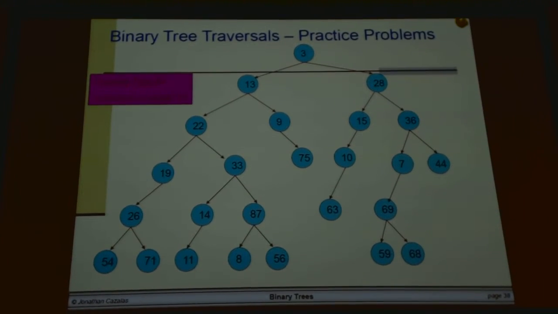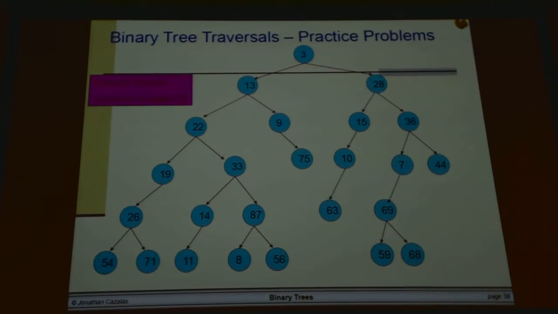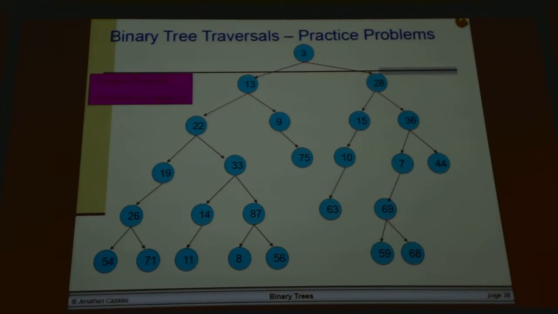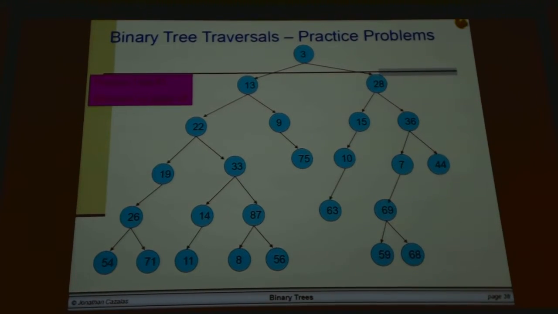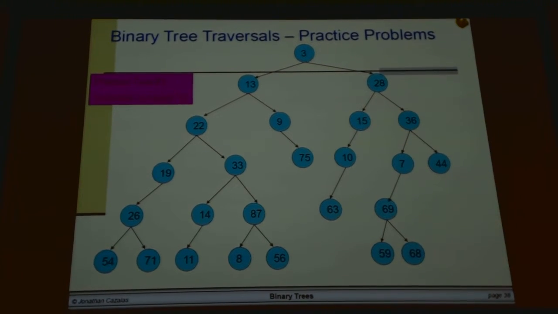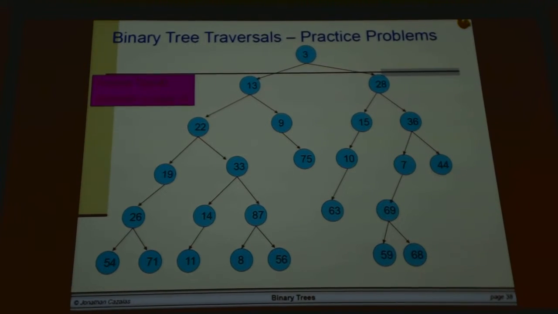Does that make sense? Because it says left, root, right. So we can't even start printing data until we find that left that is the leaf. Our left that is the leaf is 54. So that's the first value we're going to print. Do you guys agree with that? It's just a little more complicated when you have this many levels.